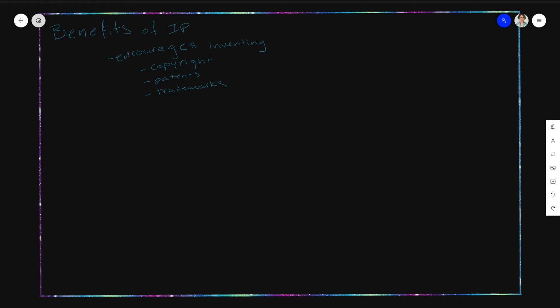Now, the cost of intellectual property, right? The cost of protecting these things, particularly in the modern age, tends to come from things like the DMCA, which we'll talk about in a little bit. But it comes from the fact that people benefit from IP, right?